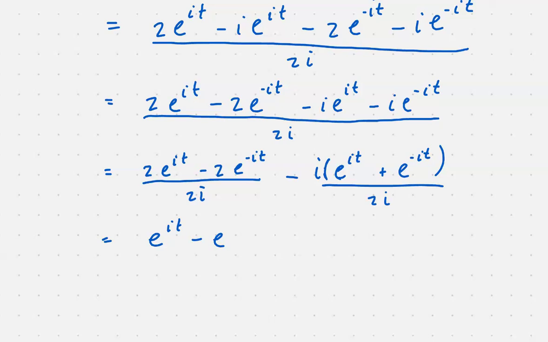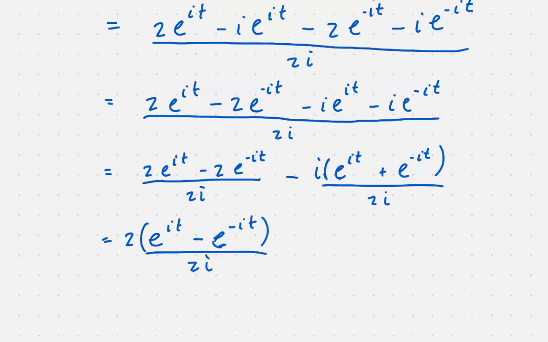As you might have noticed, this is very familiar. If you have a difference of exponentials with alternating sign in your power, then you divide it by 2 or 2i, it's going to be either cosine or sine, right? So in this case, we can just factor out 2. Then this is going to be e raised to it minus e raised to negative it over 2i. And then we can cancel out I here.